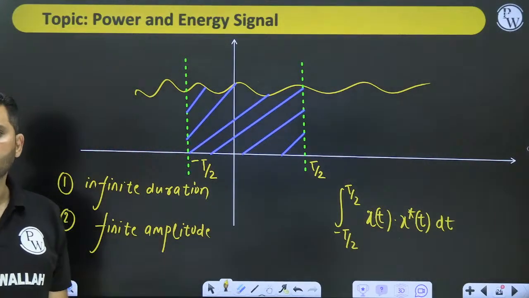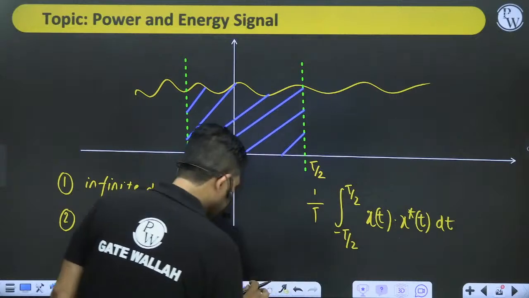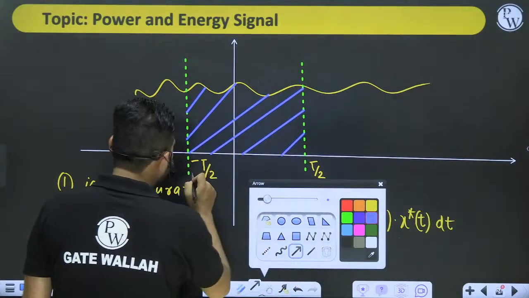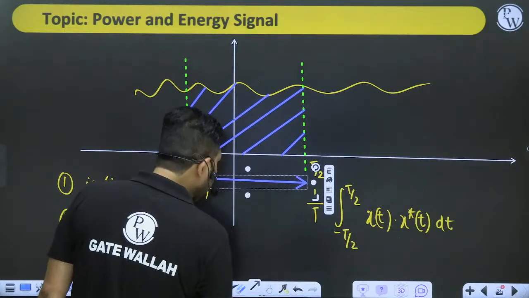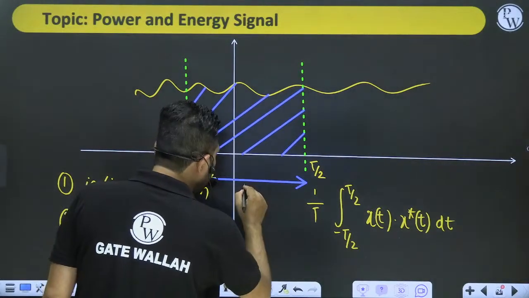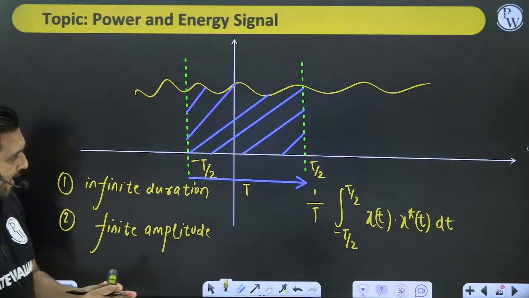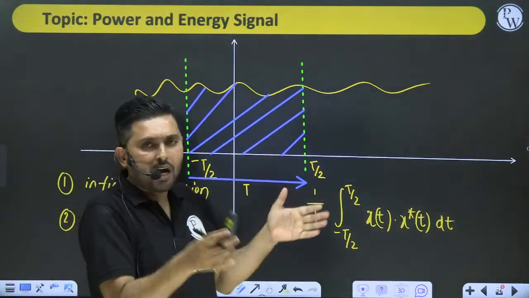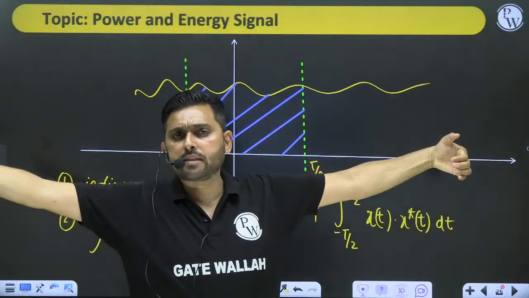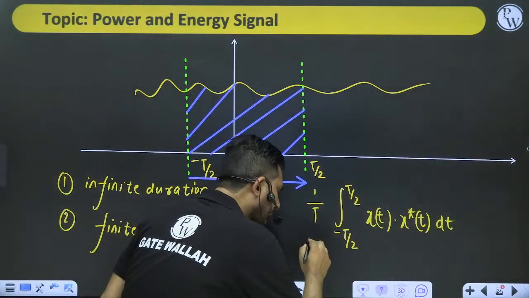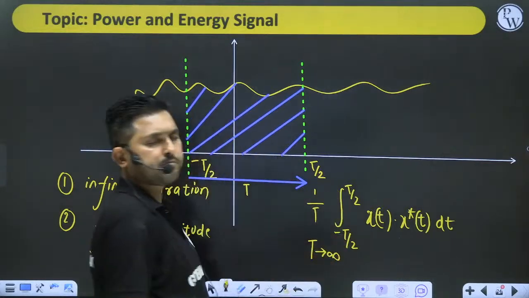and then divided by the whole bound. What is the whole bound? The total gap is T. So I divide by T, and since I have taken only up to minus T by 2 to T by 2, and I have to take the whole extent, I let T tend towards infinity.